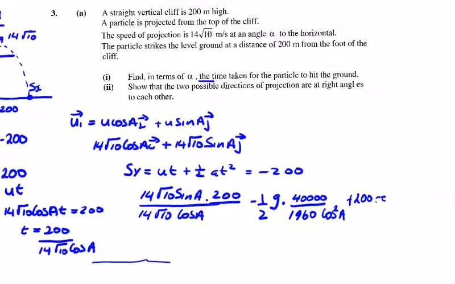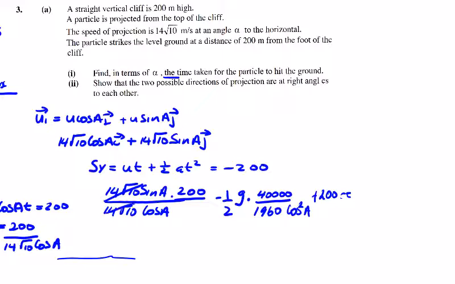So tidying this up, these cancel, I'm going to get 200 tan a. If I divide all these together, well, the 9.8 will come in here too, so this will tidy up nicely. I'm going to get 100 when I type these into a calculator, and 1 over cos squared a is 1 plus tan squared a, and then we're going to have plus 200 equals 0.